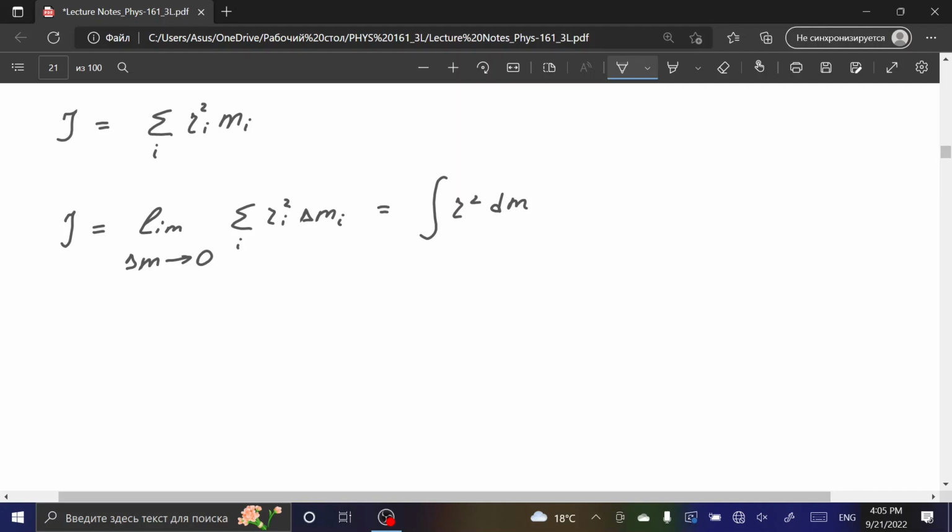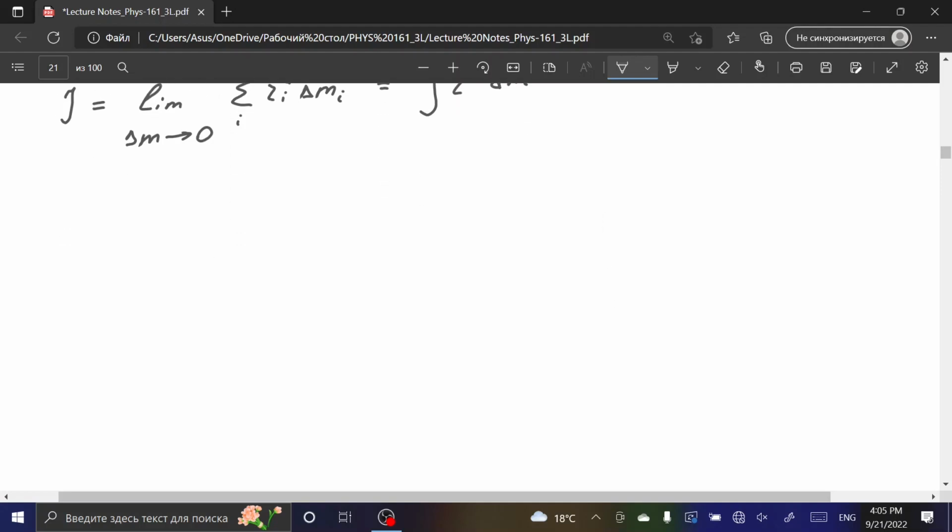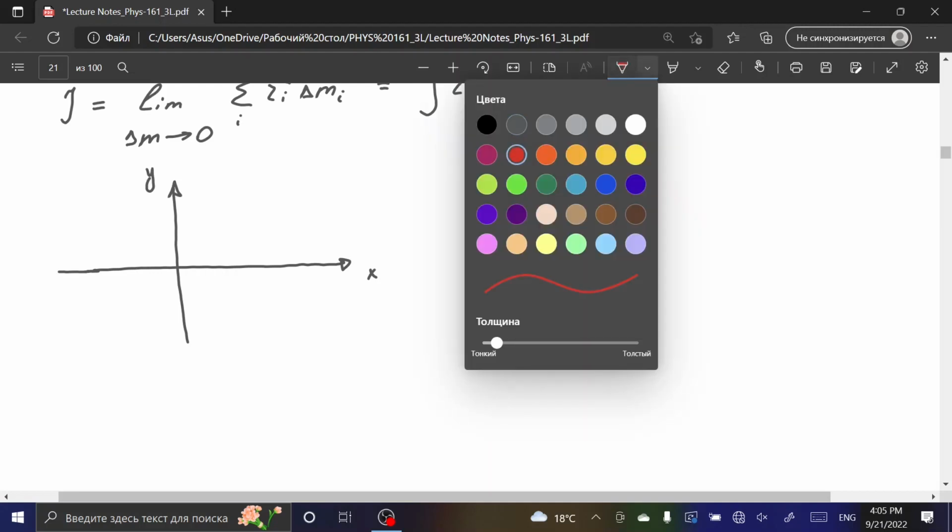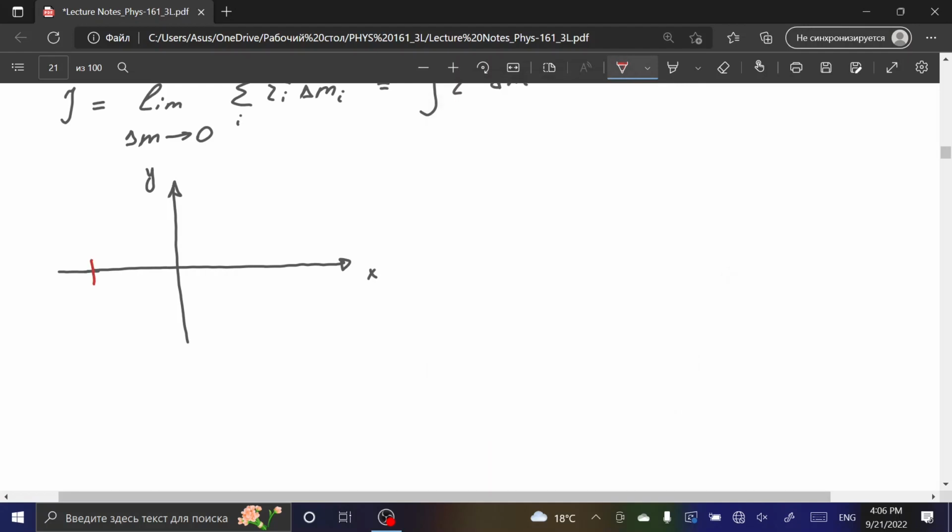So now let us do it for one simple example. Let us consider some system of coordinates x, y, and maybe let us do it with a color. We have some rod, which is symmetrically oriented with respect to axis y.